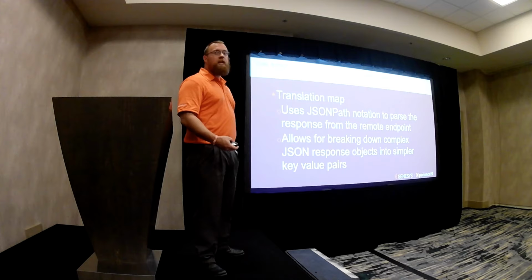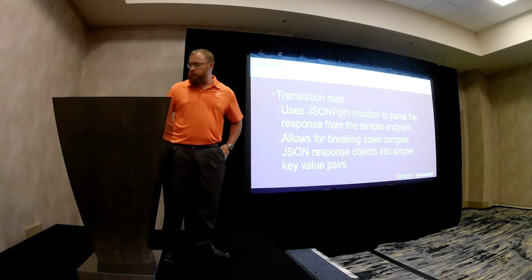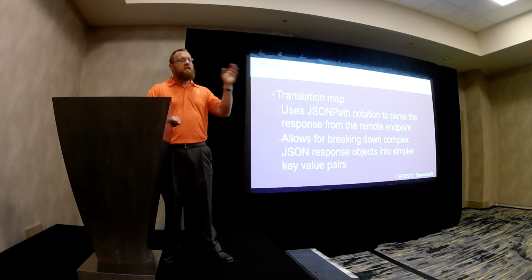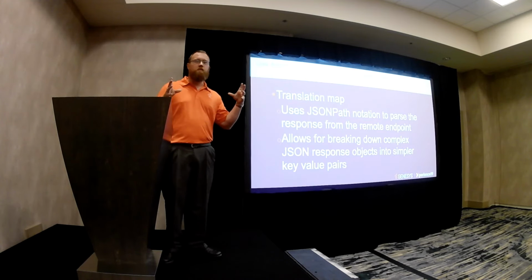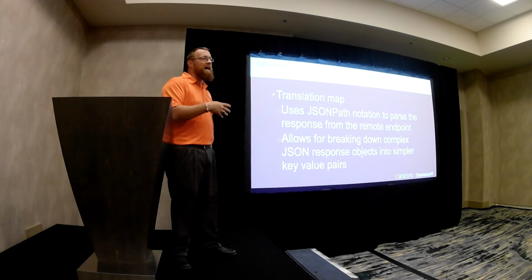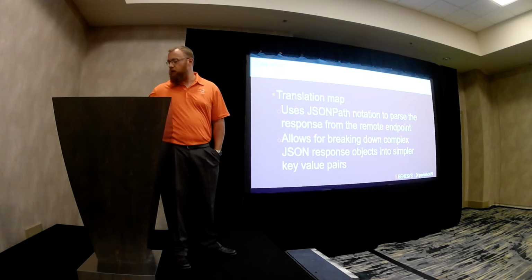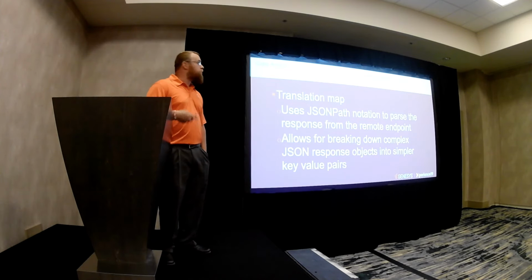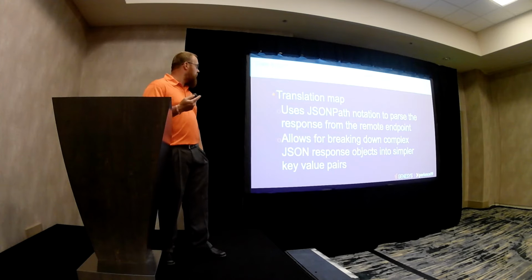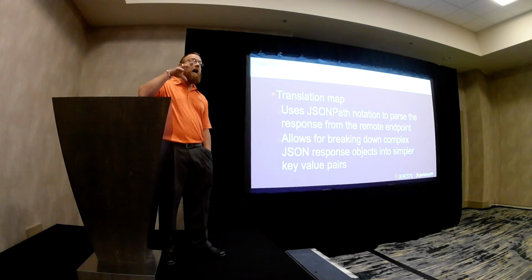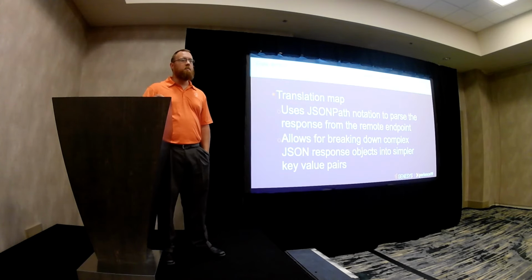Okay, so now we get into the response. We've put together our whole request, we've fired it off to Salesforce, and they've sent us back a giant blob of JSON. Now we need to figure out how to deal with this and get it back to a simple form that we can use in Architect. And that's where the translation map comes into play. The translation map uses a technology called JSON path, which defines how you're going to walk a JSON document.